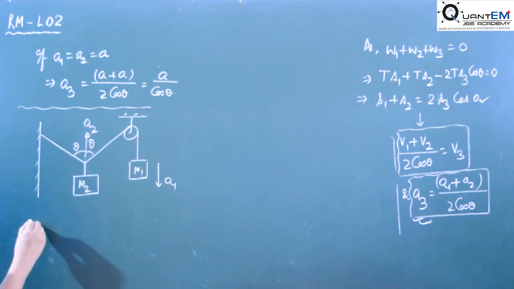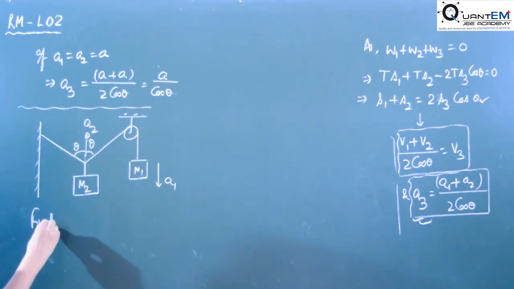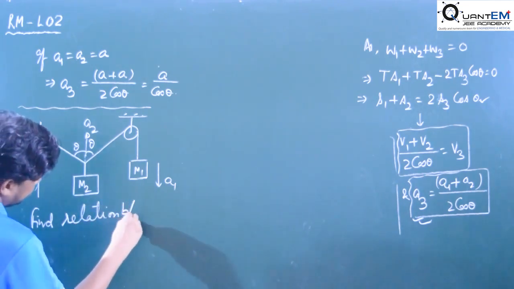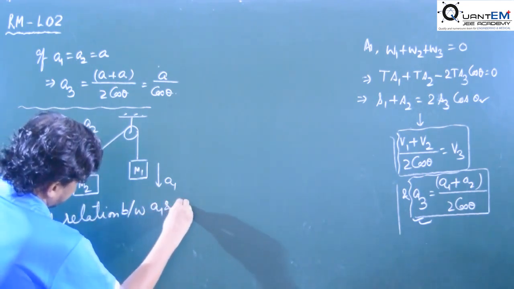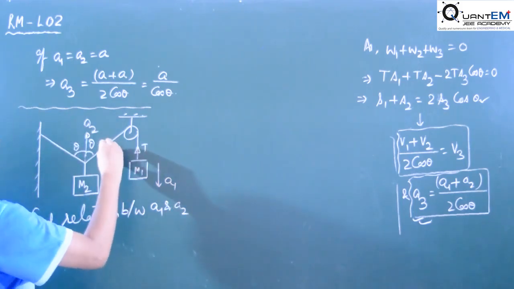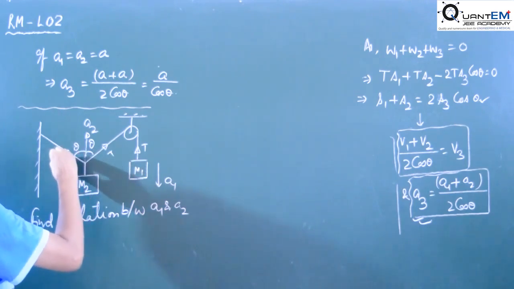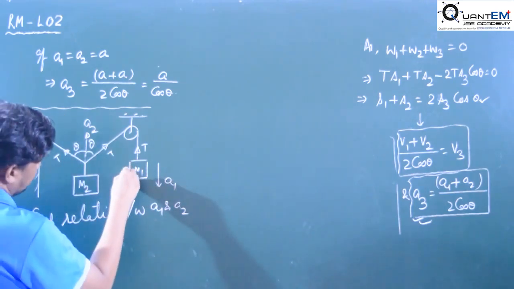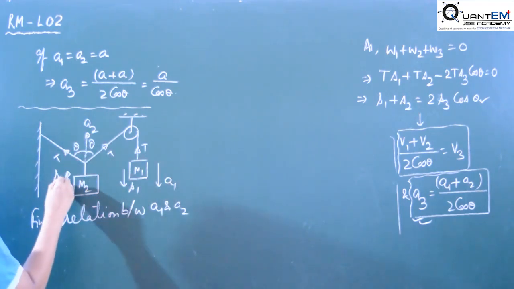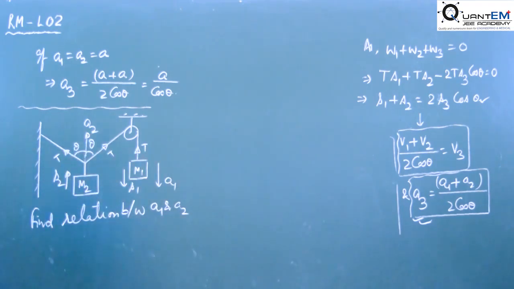So we have to find the relation between A1 and A2. See, here tension is T. Suppose this mass has displacement S1 and this one is moving up. It has displacement S2 at any time T.